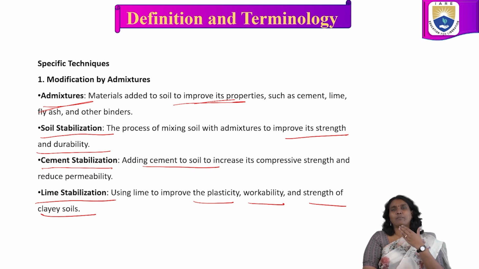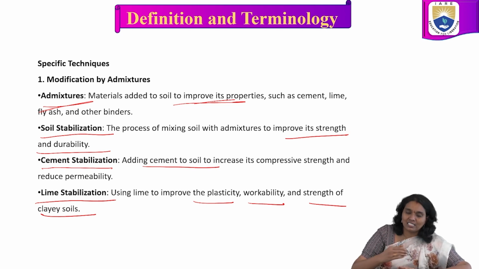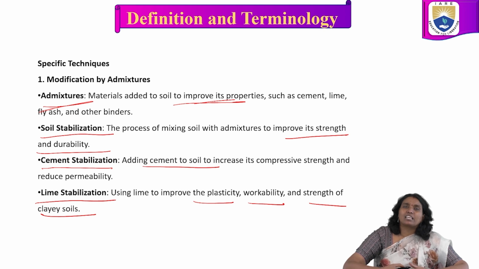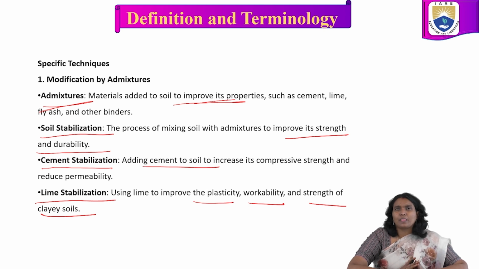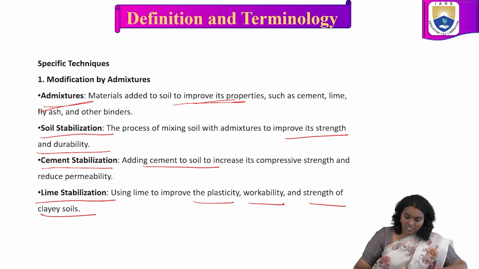These are all the parameters we are going to understand in our physical and chemical modification. So we use these different terminologies for modification by admixtures: admixtures, soil stabilization, cement stabilization, lime stabilization.